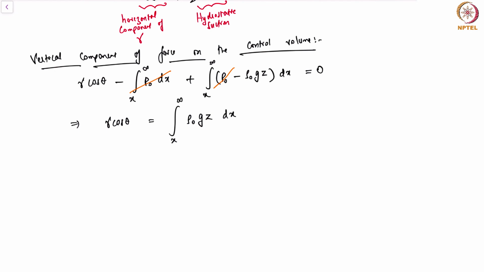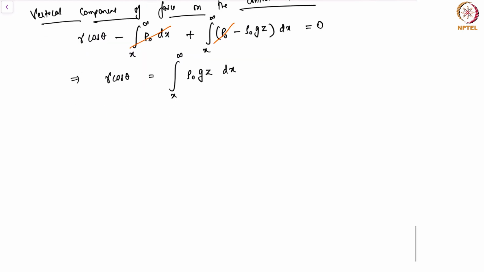Okay. Now let's understand what this integral on the right hand side means. I have a meniscus.